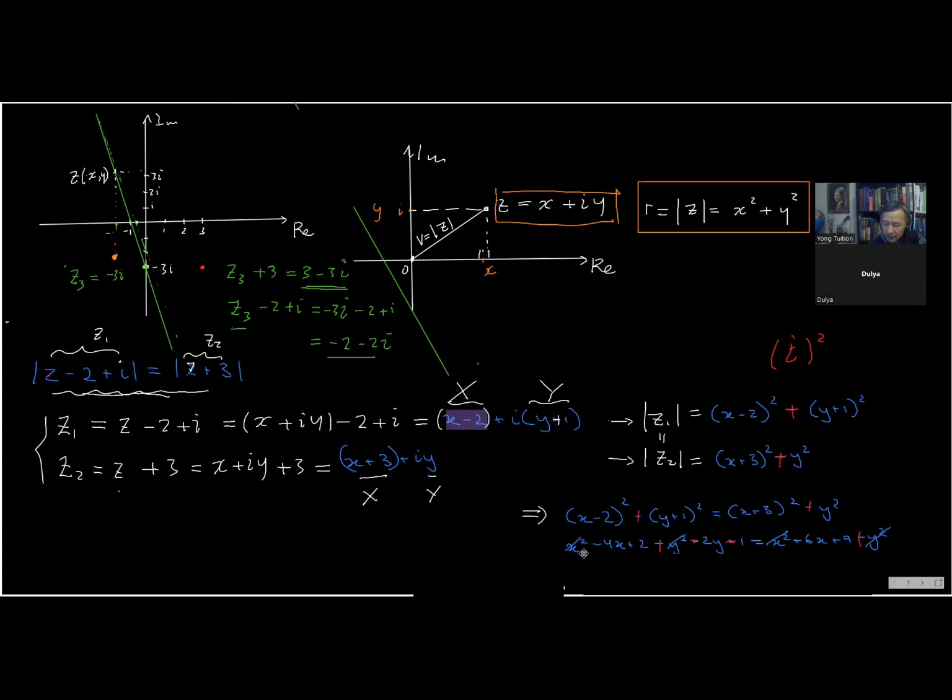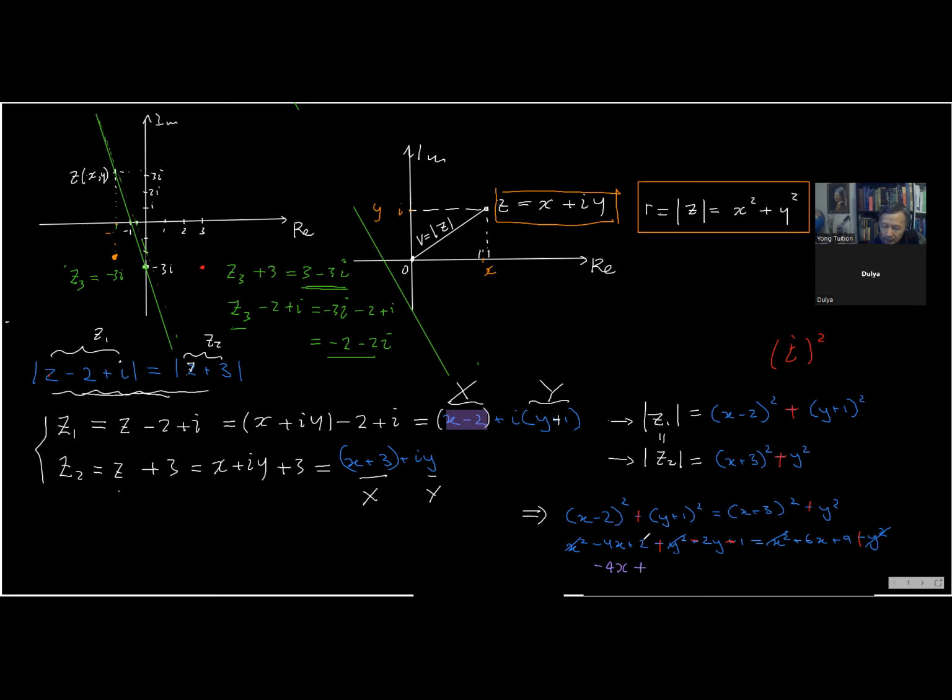Okay. Double check this first. Can we get something? Yes, we should be able to get a dependence between x and y. So this is negative 4x. This side is okay. So this is... oh, this should be 4, isn't it?